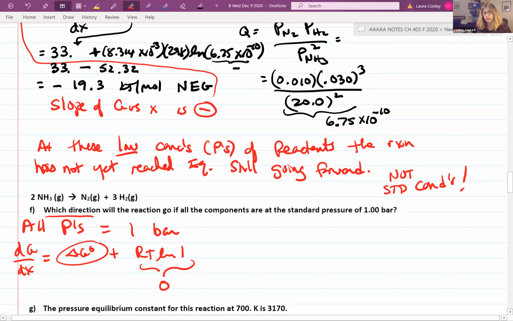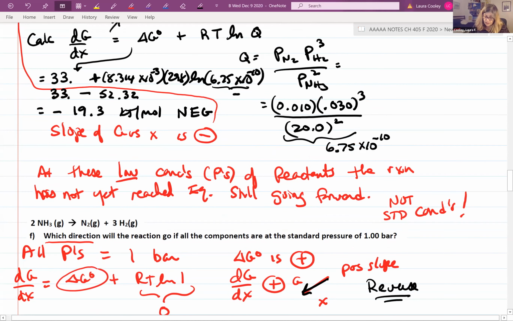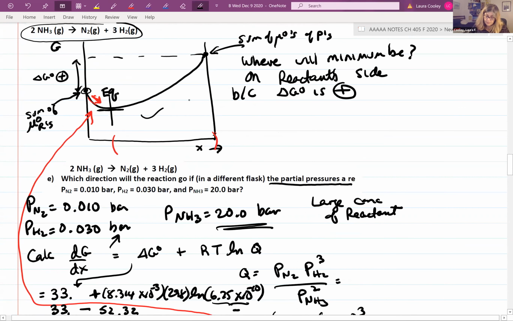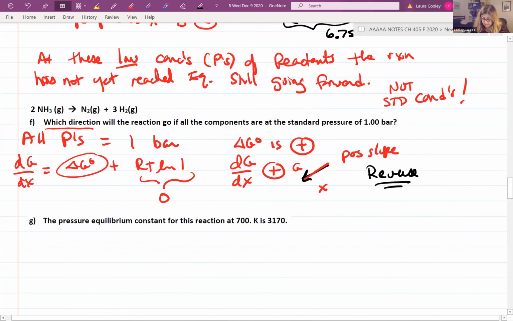So everything is determined by the sign of delta G0, and delta G0 is positive. So dG/dX is positive, a positive slope of G versus X, and so the reaction will go in reverse. That would be somewhere over here on the diagram. We know it's somewhere, we don't know exactly where.